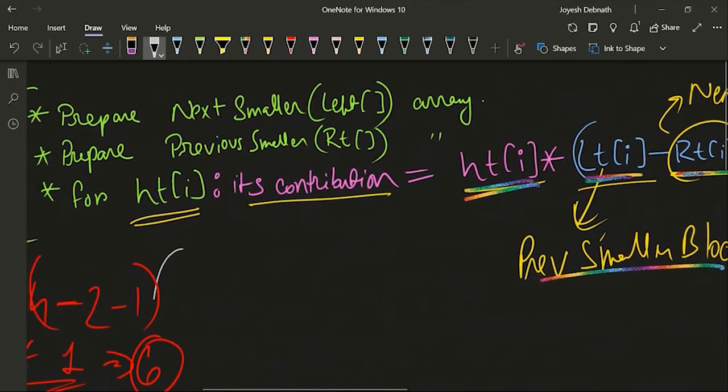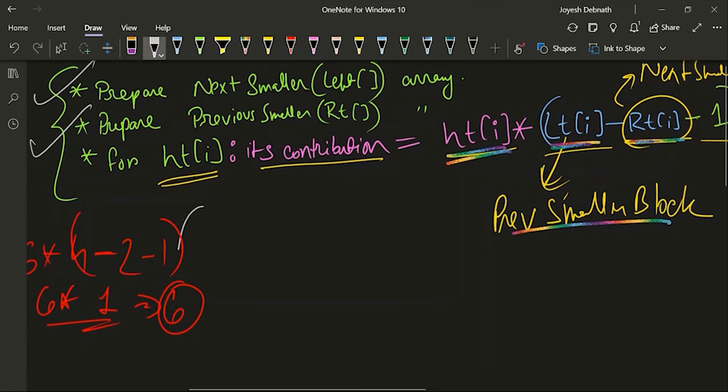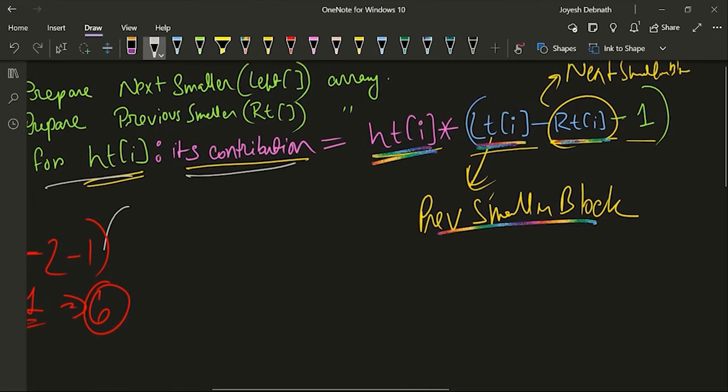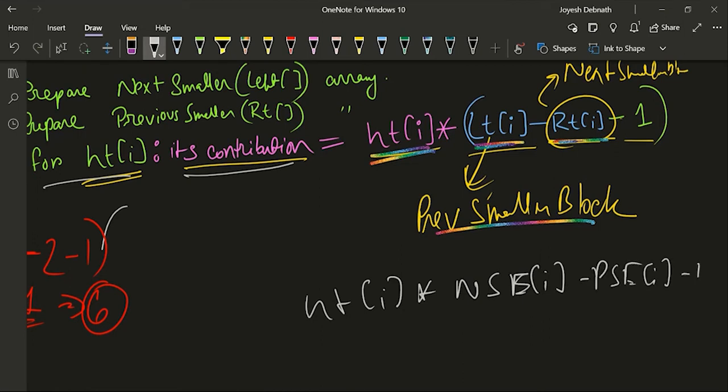So overall fundamental concept of this particular problem is to prepare the next smaller array, to prepare the previous smaller array, and then we will iterate through each of the height, and for a particular height the contribution to the area would be computed as height of I into next smaller element of I minus previous smaller element of I minus 1.